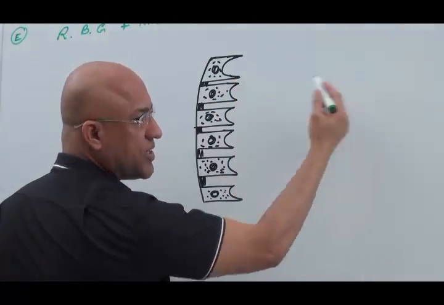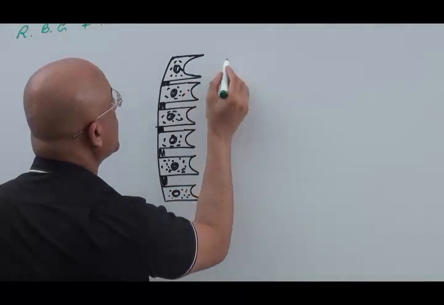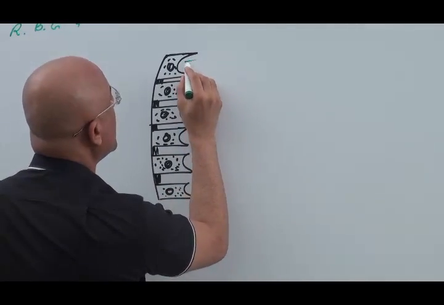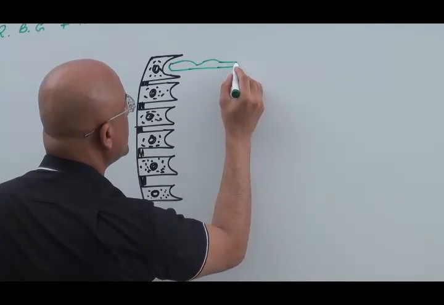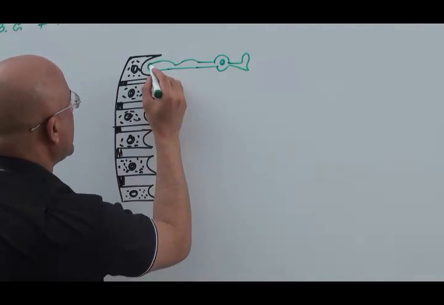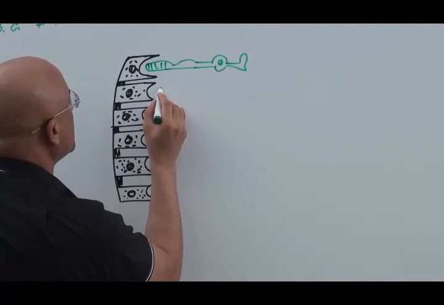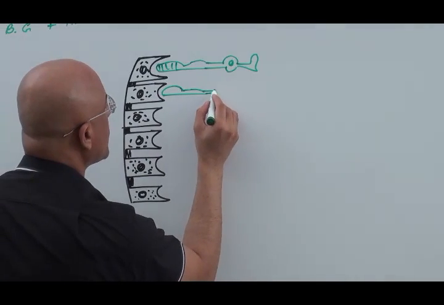I will just draw the basic structure again, and then we'll go to some points in detail. We'll draw the receptors here. This is a rod, and let's suppose this is also a rod.